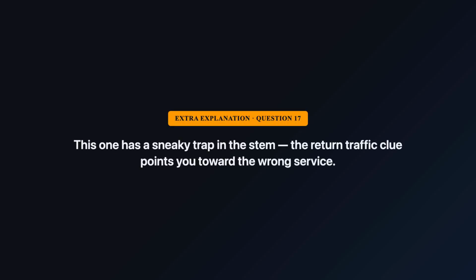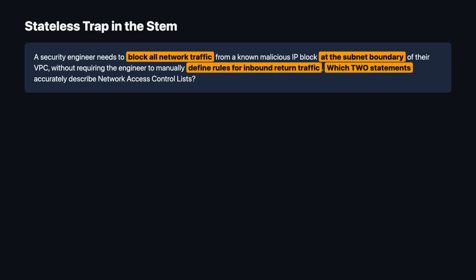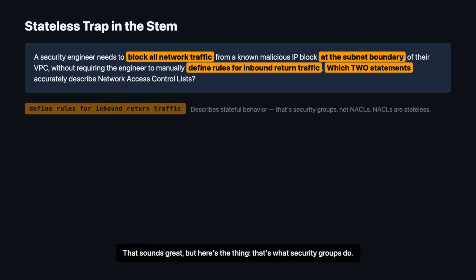This one has a sneaky trap in the stem. The return traffic clue points you toward the wrong service. Picture this. You get a list of 50 malicious IP addresses and your job is to slam the door on every one at the subnet level. That's a NACL, a Network Access Control List. The question mentions return traffic flowing without manual rules. That sounds great.